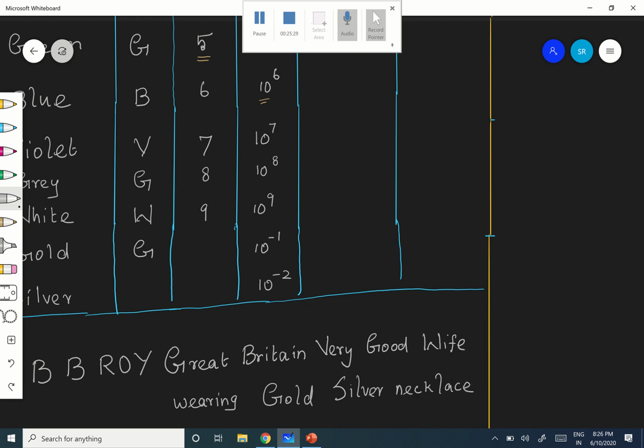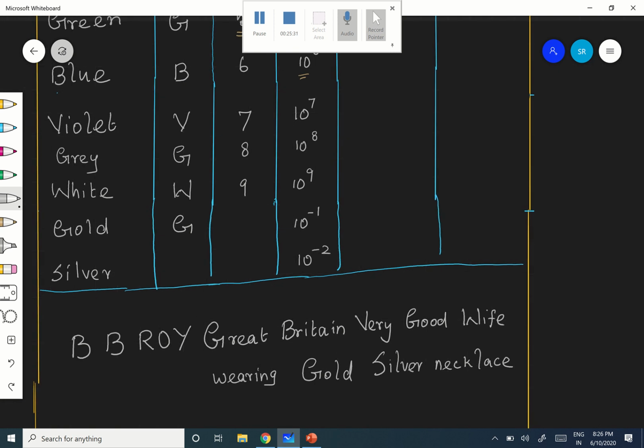So this is very much helpful. Try B.B. Roy of Great Britain. B.B. Roy of Great Britain has a very good wife wearing gold, silver necklace.